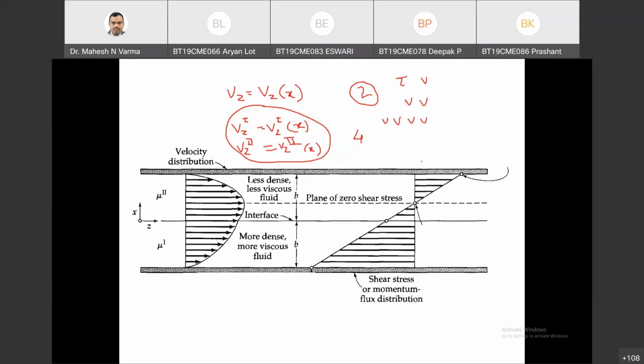To solve this problem, I need 4 velocity conditions, or 2 flux conditions and 2 velocity conditions.